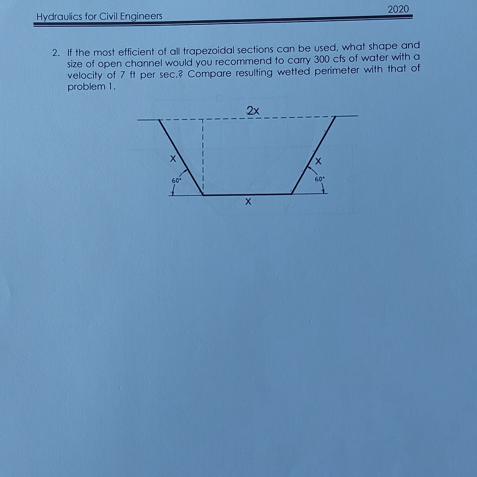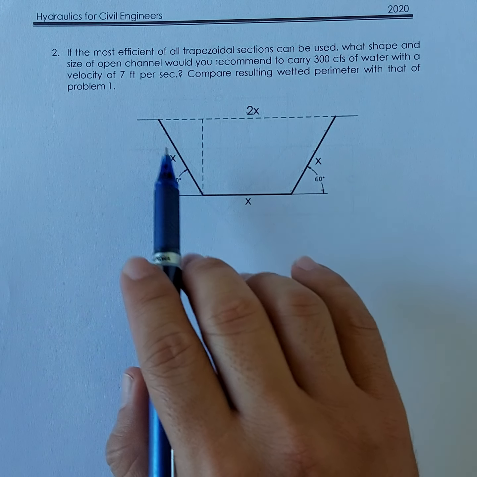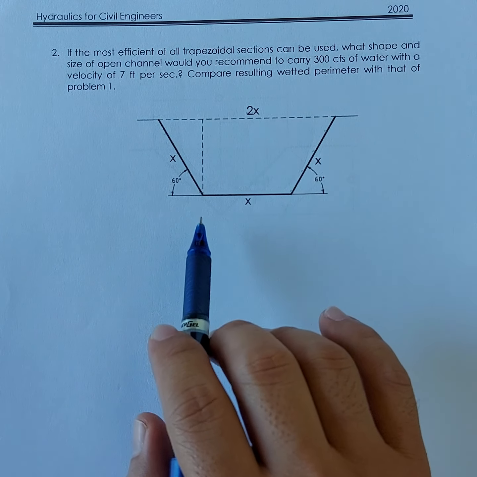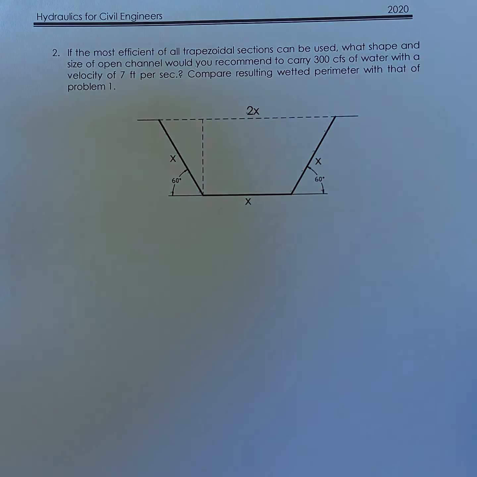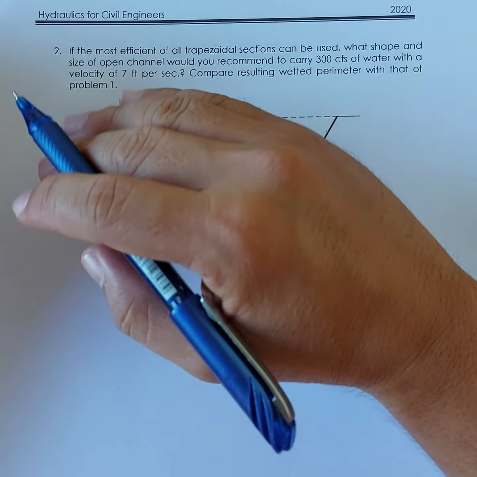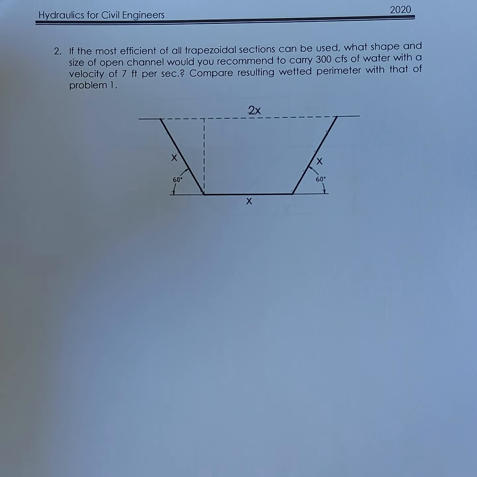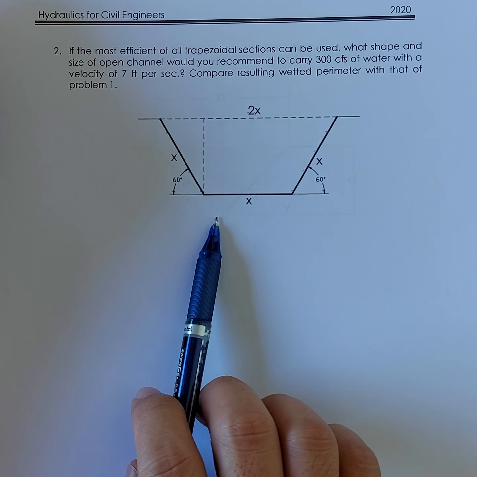So the most efficient of all trapezoidal sections is the regular half hexagon. So this is it. I drew it already so I don't have to draw it now. But in the exam, you have to draw it. Since I am terrible at drawing, for illustration purposes I drew it in the computer.